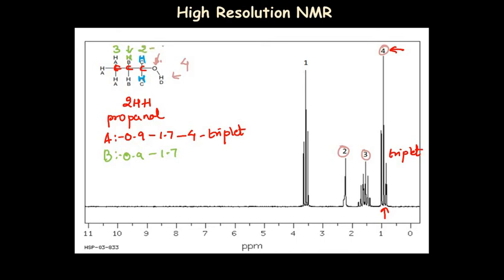So a total of 5 protons, and these 5 protons should be having a splitting of 5 plus 1, so splitting of 6. Such a peak, the third peak here, you can call it a multiplet, and the third peak is responsible for the B type of proton, we can say.